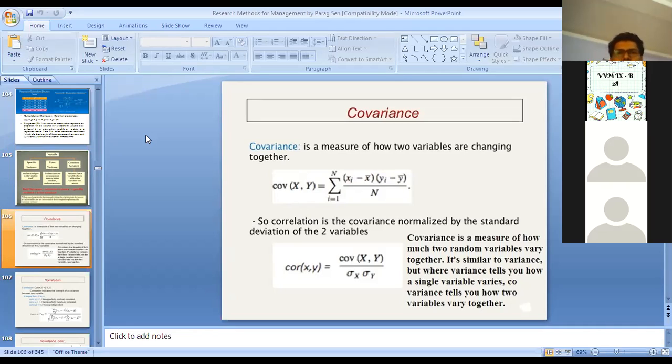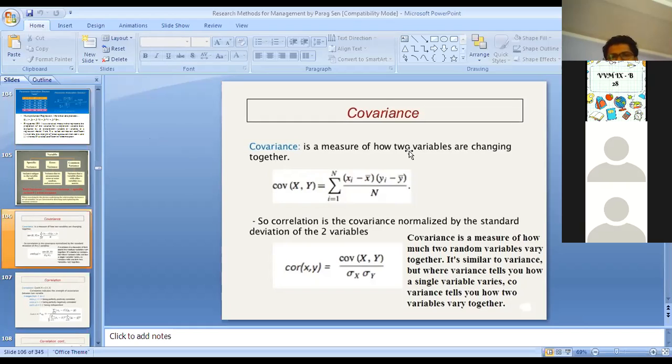You will find another term that is known as R square, or the coefficient of determination. And then finally another term you will find which is known as adjusted R square. Okay, so first let me talk about what is covariance.